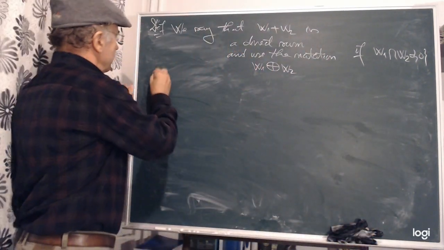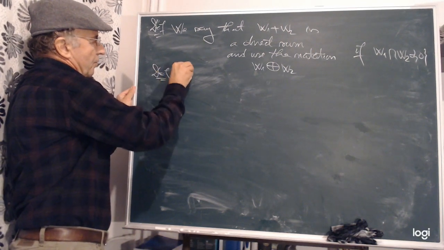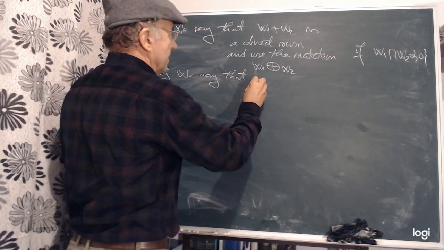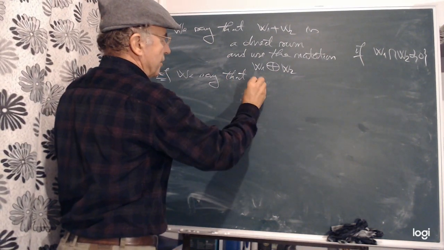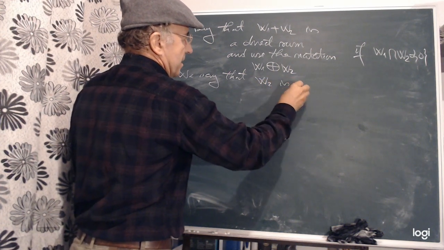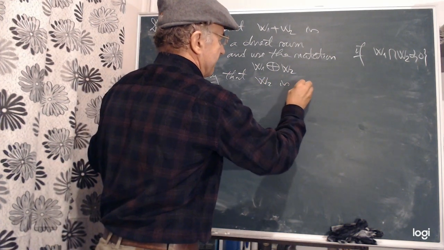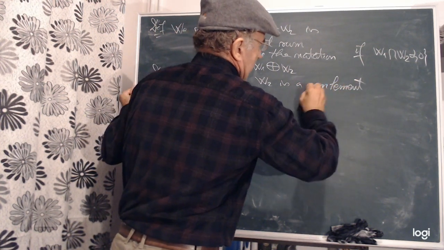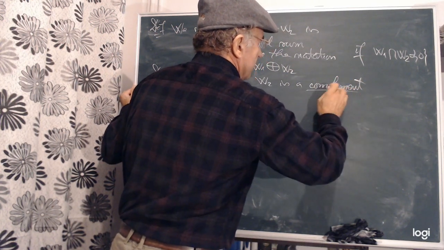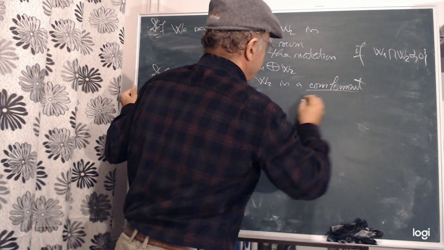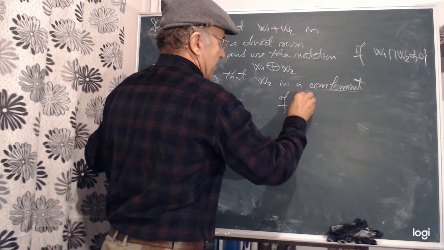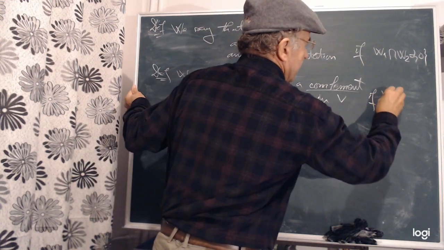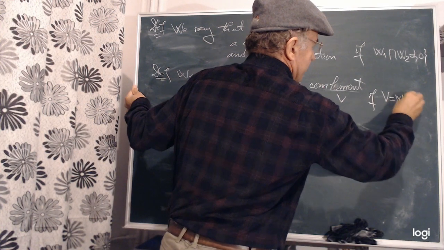Another definition: we say that W2 is a complement of W1 in V if V is the direct sum W1 plus W2.